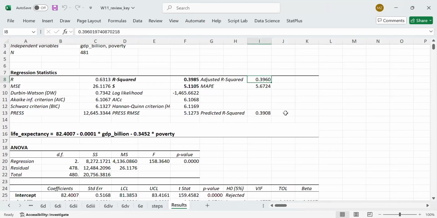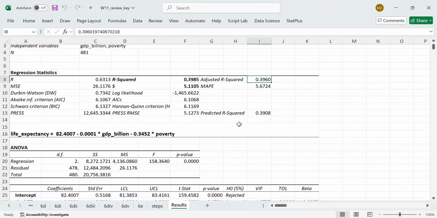Adjusted R squared basically explains how much variation in your dependent variable is explained by the independent variables, or the predictor variables. So approximately 39.6% or 40% of the variability is explained by the predictor variables.